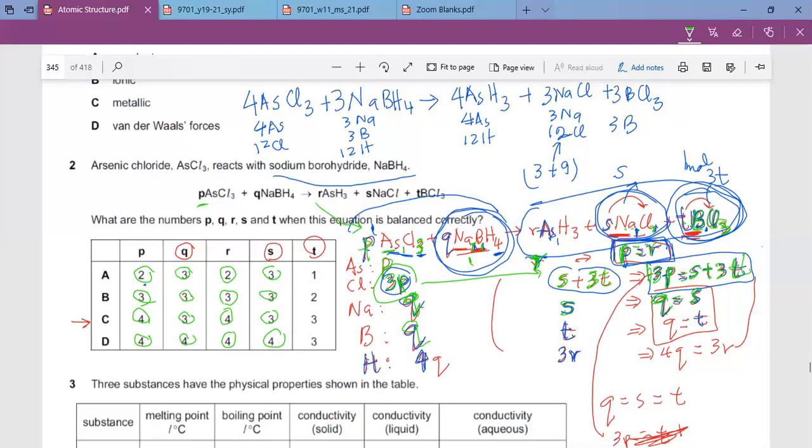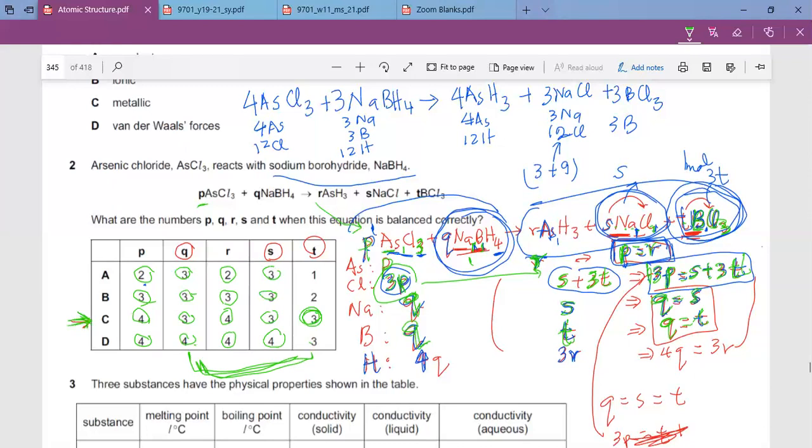So 1 mole of boron trichloride is 1 mole, so T. So Q equals T. So which one here is Q equals T? Easy. 4 and 3 are not the same, this is not the same. Obviously this one. So C is the answer.